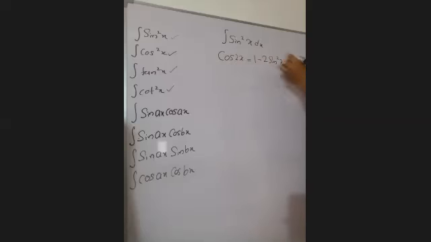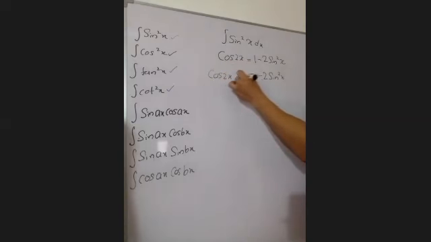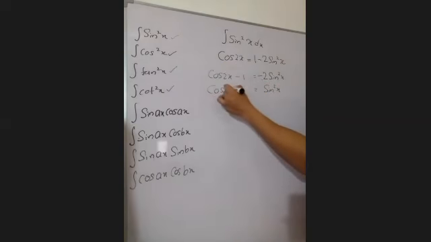Then making sine squared x the subject, minus 2 sine squared x equals cos 2x minus 1. Therefore, sine squared x equals cos 2x minus 1 divided by minus 2.